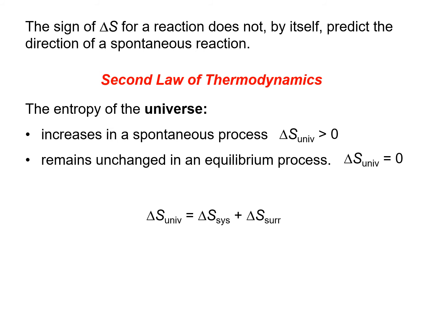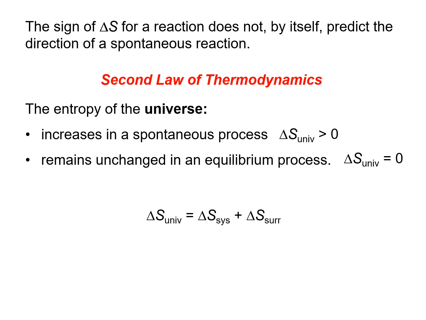So meaning the delta S for a universe will always be greater than 0 if the process is spontaneous. And it would remain unchanged in an equilibrium process. So for a process that is in equilibrium, delta S for the universe is going to be equal to 0. So these are the two things that this law helps us predict.